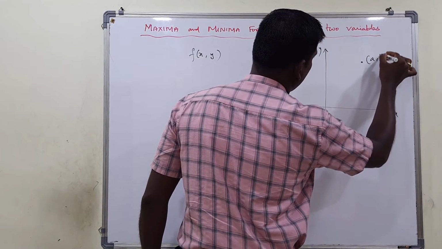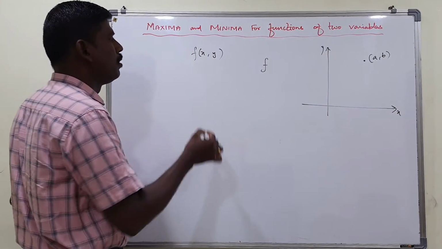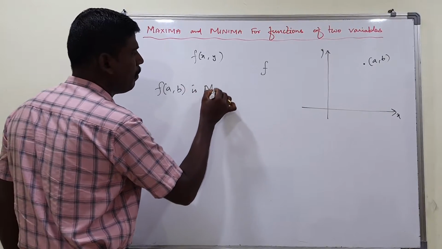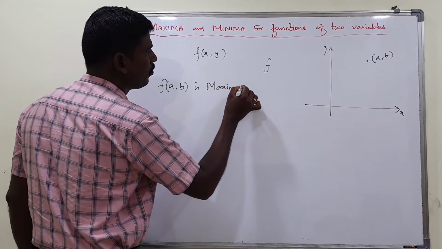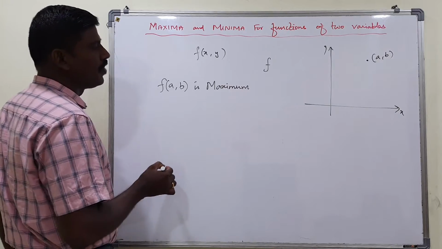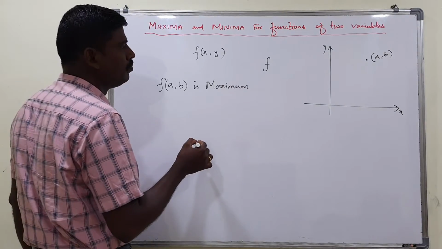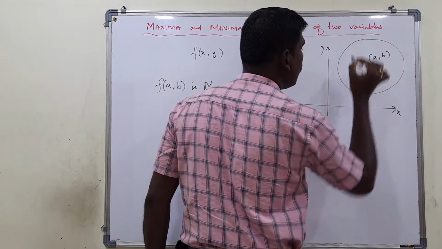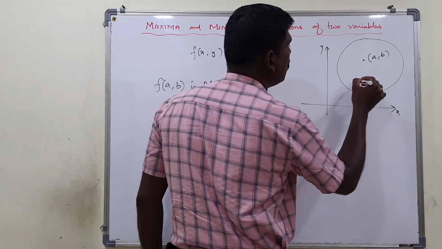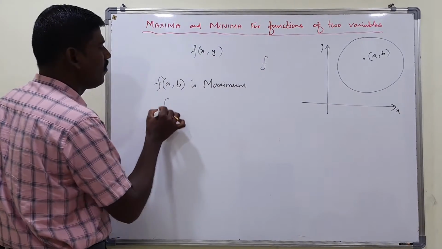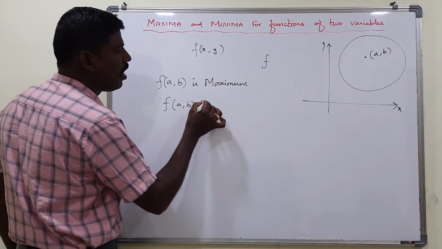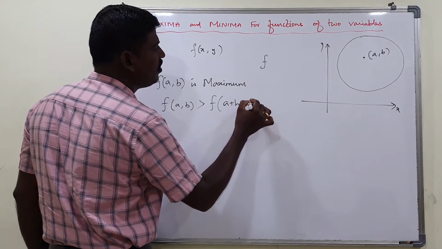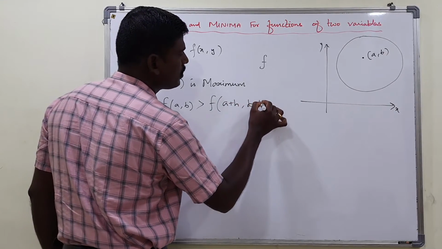Suppose f of a comma b is maximum, then there exists a neighborhood of a comma b such that f of a comma b is always greater than any point in the neighborhood of the form a plus h comma b plus k.